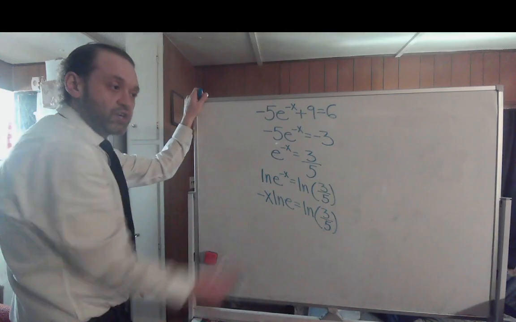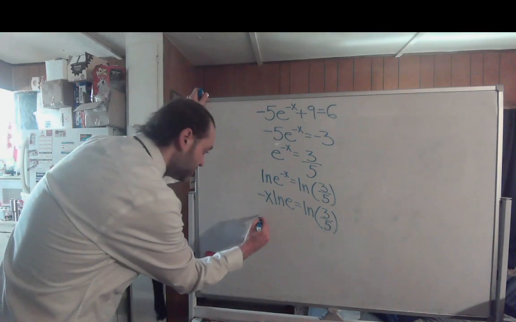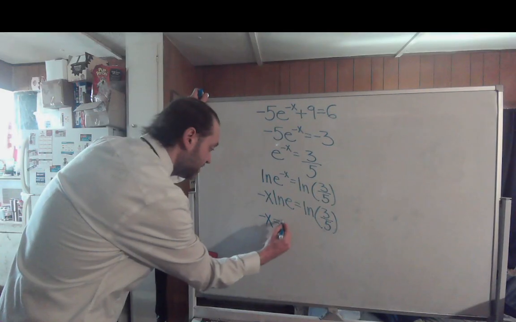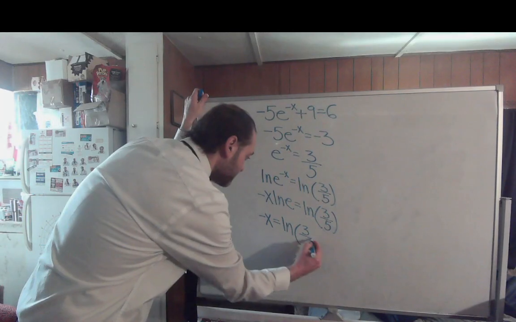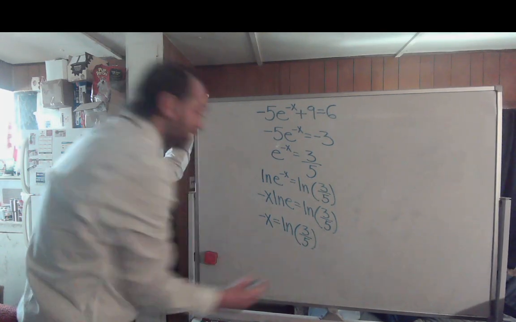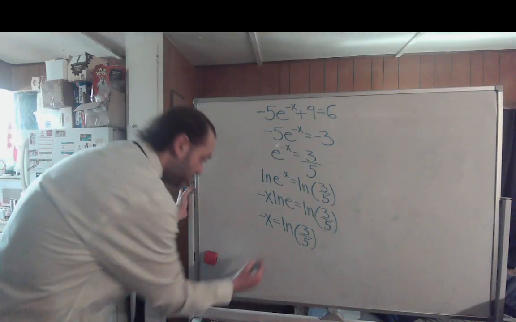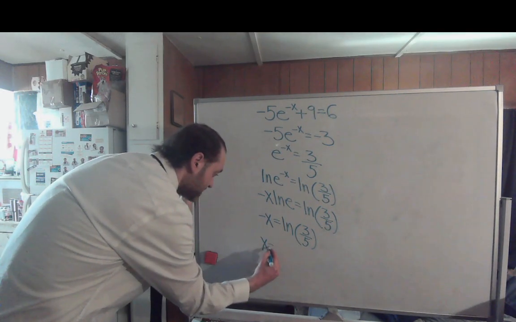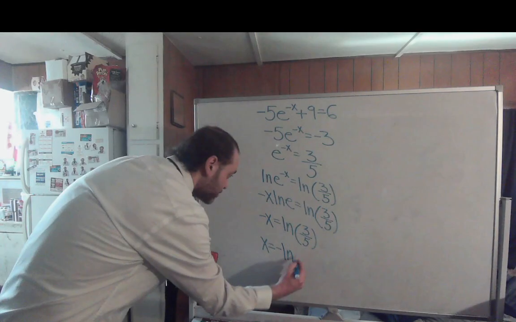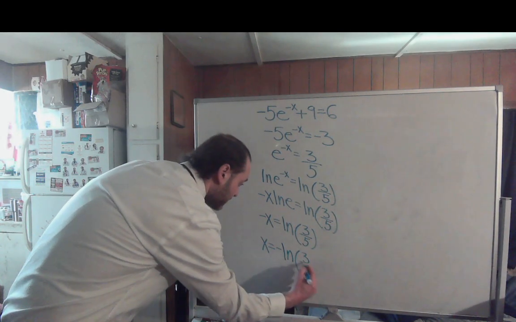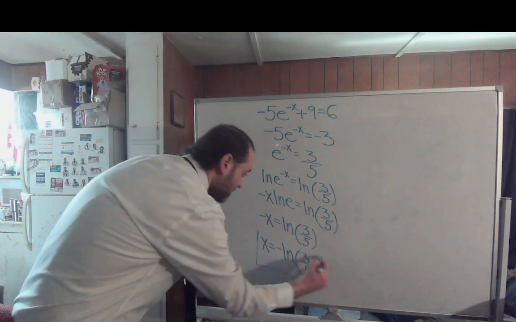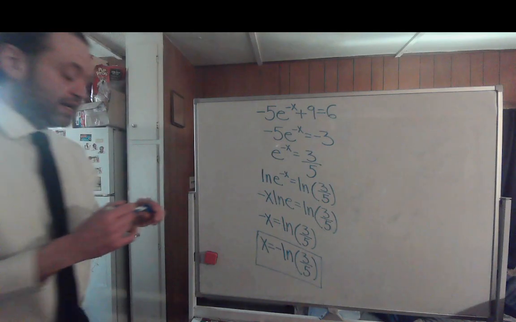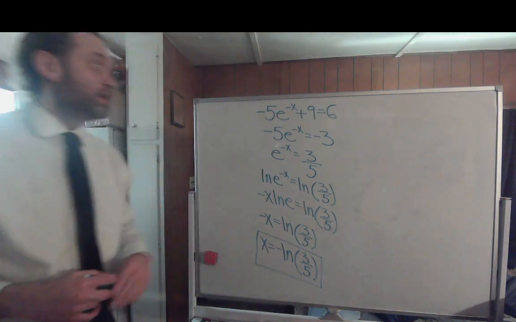What is the natural log of e? That's just 1, so this will turn into negative x equals the natural log of 3/5. Then just divide both sides by negative 1 and solve for x. You'll get that x equals negative of the natural log of 3/5. So that would be your exact answer.